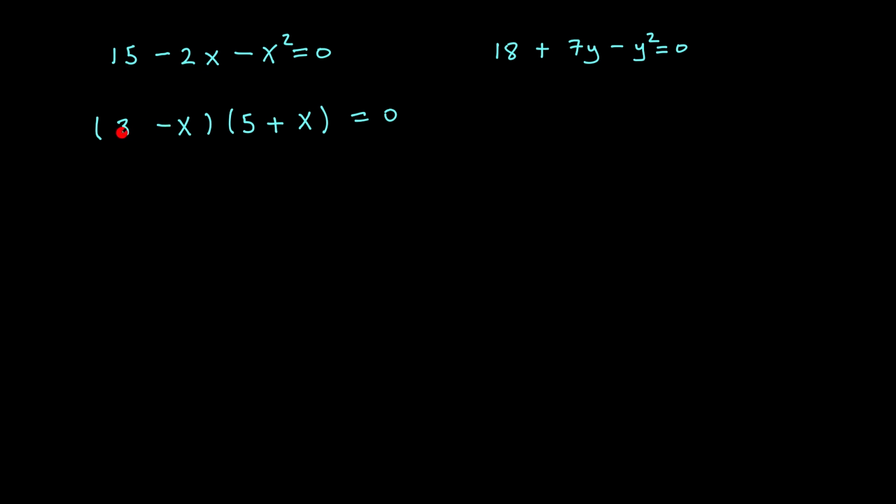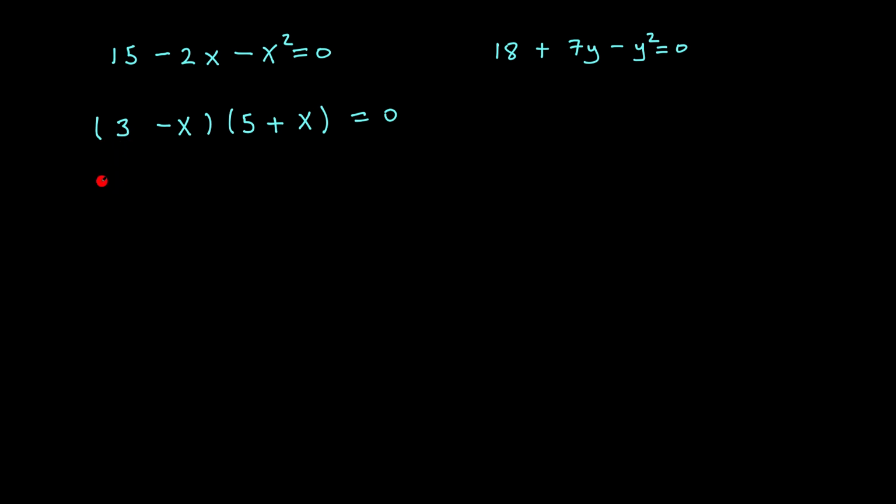Now 3 times x will give me 3x, plus minus x times 5 will give me minus 5x. And when I add 3x plus minus 5x, it will give me minus 2x. And if I multiply the minus x by the x, of course it will give me x squared. So I know I have factorized it correctly.